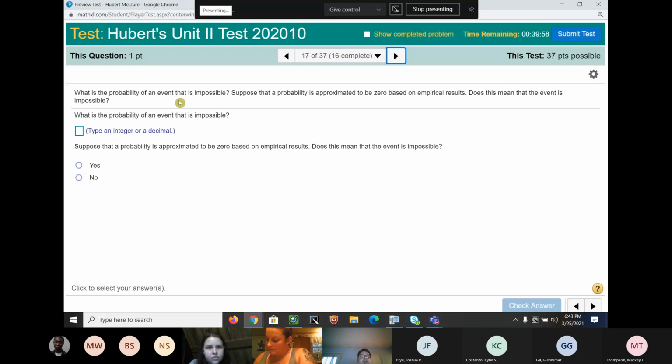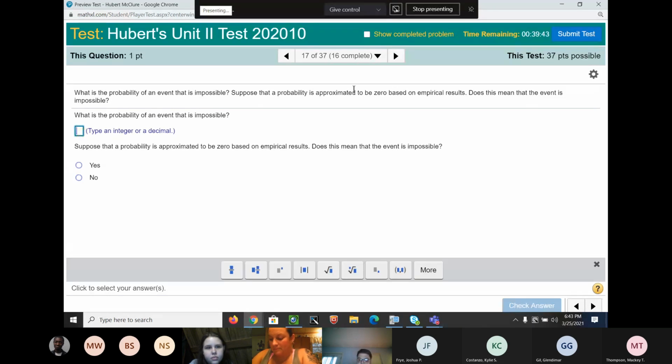What is the probability that an event is impossible? Suppose that the probability comes out to be 0. Does that mean that the event is impossible? Well, 0 measures impossibility or low possibility. Notice I said low possibility.